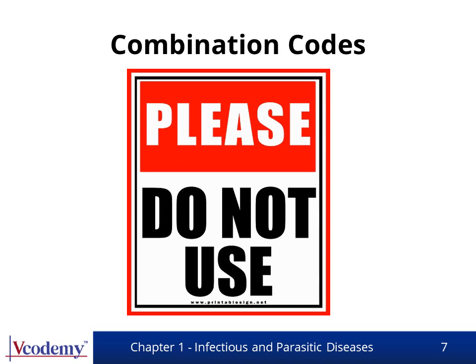So for example, E. coli. This is a condition within this chapter with specific coding instructions. For example, code category J15 bacterial pneumonia not elsewhere classified includes combination codes such as J15.5 pneumonia due to Escherichia coli, or E. coli. It would not be necessary to use the additional B96.20 Escherichia coli as the cause of disease classified elsewhere to identify the infectious agent.